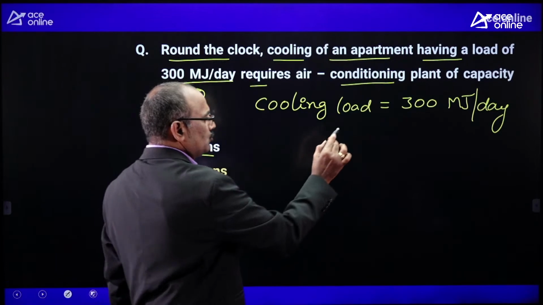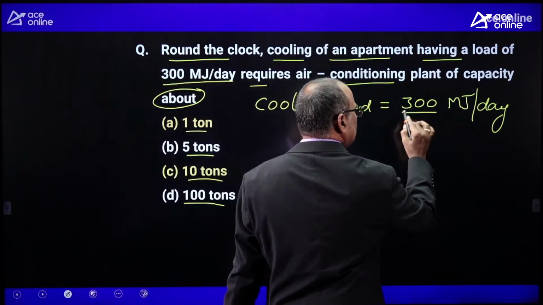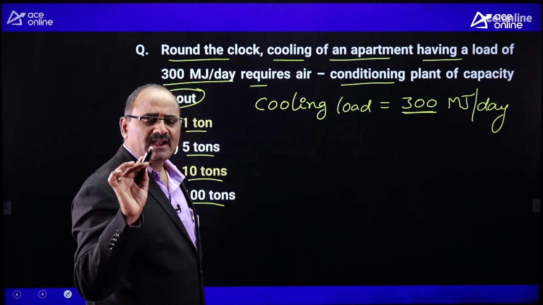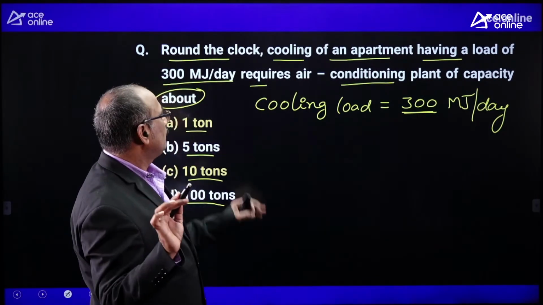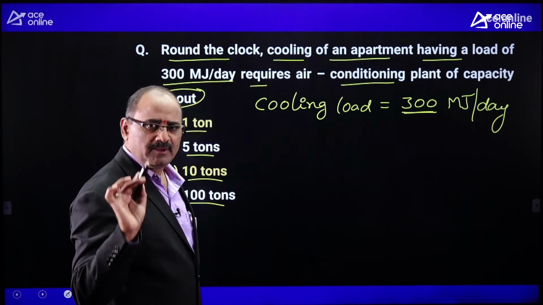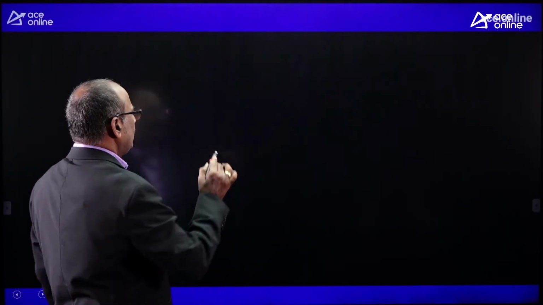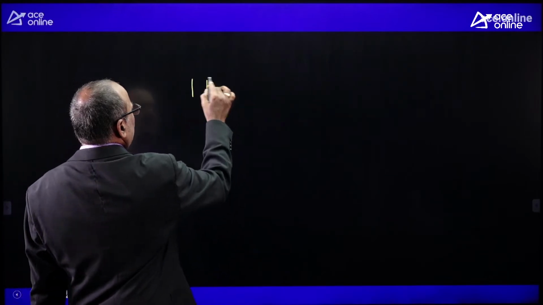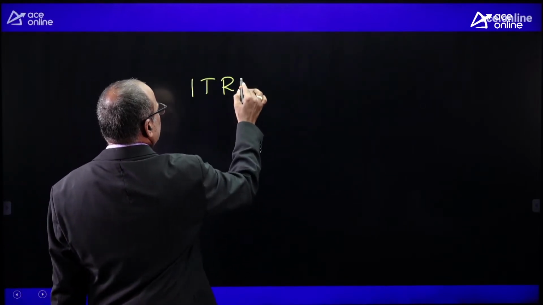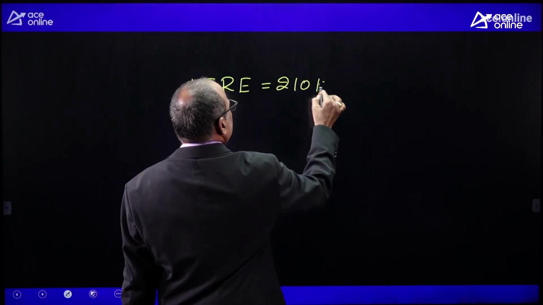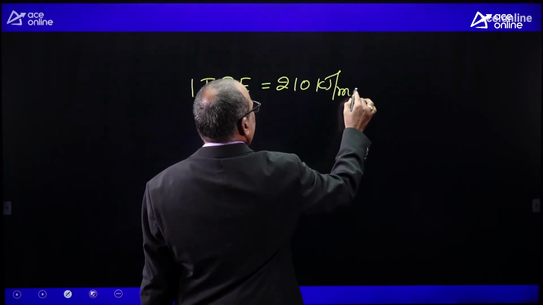That means to maintain this much cooling load, what should be the capacity of the air conditioner required for that particular apartment. Okay. As you know, 1 ton refrigeration effect equal to 210 kilojoules per minute.